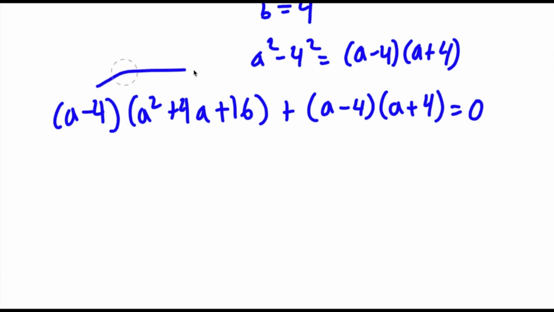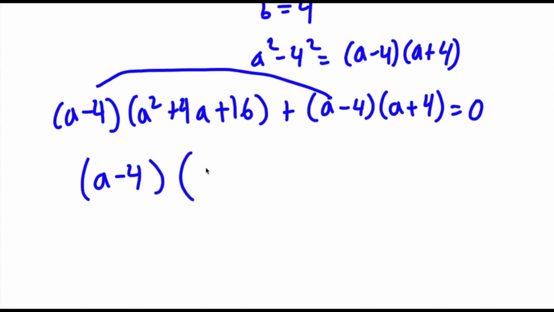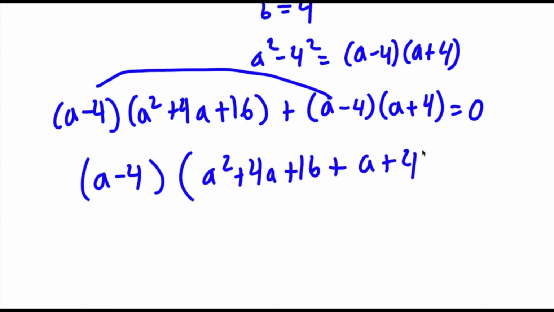Now, as you see, both the terms have a minus 4. So I'm going to factor out a minus 4. And if I do that, I get a minus 4 times a squared plus 4a plus 16 plus a plus 4 is equal to 0.